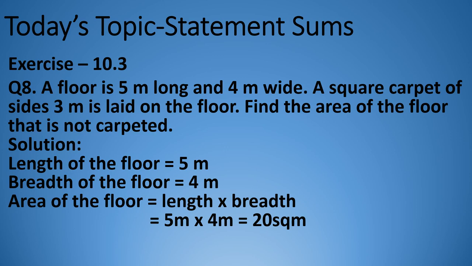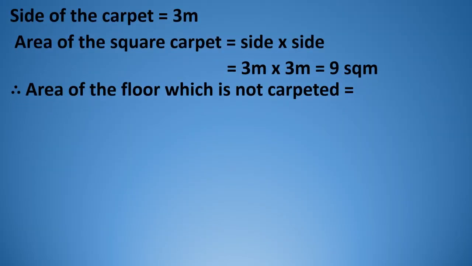Now I am going to find out the area of the carpet. Side of the carpet is 3 meter. As it is square in shape, means all its sides are equal. So you have to find out the area of a square carpet, whose formula is side multiplied by side. That is 3 meter multiplied by 3 meter, which is equal to 9 square meter.